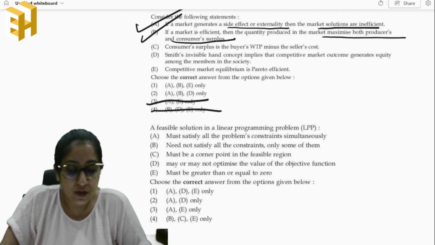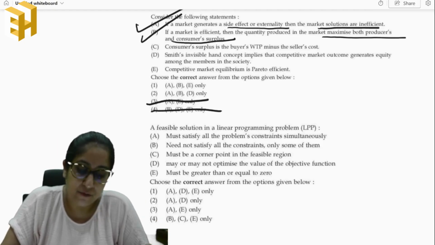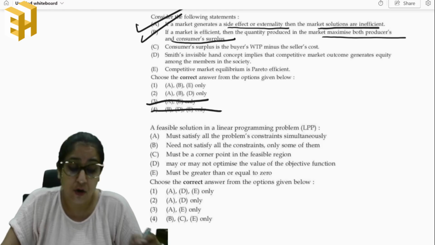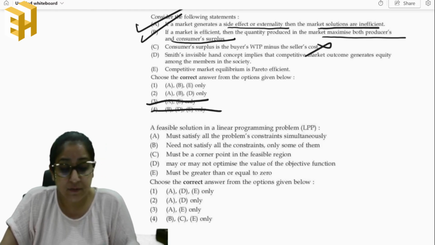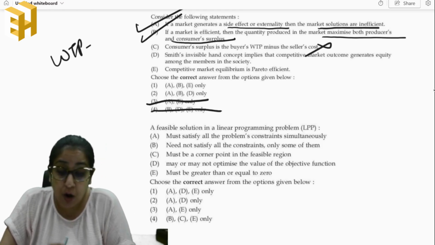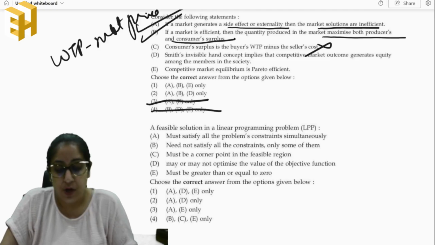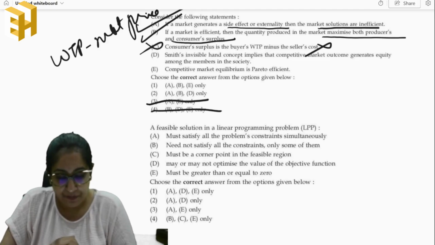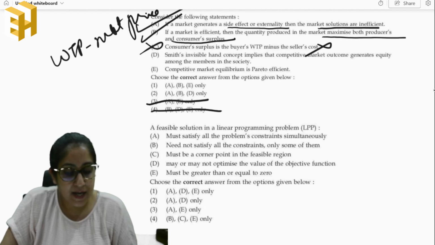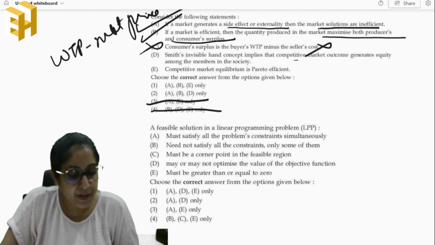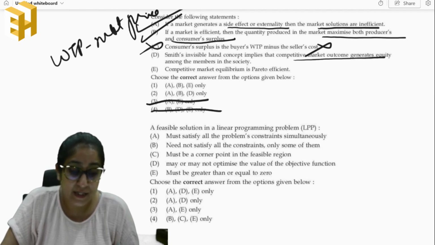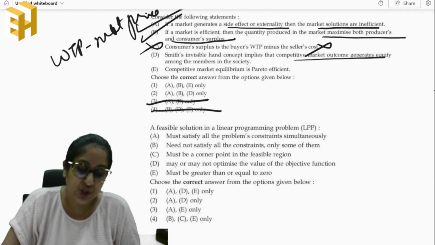Now, consumer surplus is the buyer's willingness to pay minus the seller's cost? No. It is willingness to pay minus what the consumer actually pays, or the market price of the product, right? And not the seller's cost. So C is wrong. Smith's invisible hand concept implies that competitive market outcomes generate equity among the members in the society.